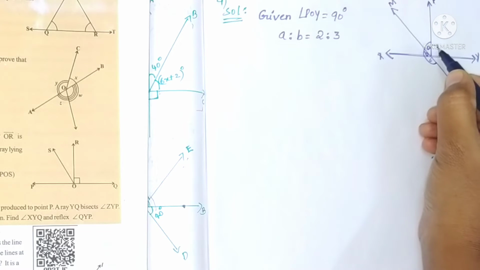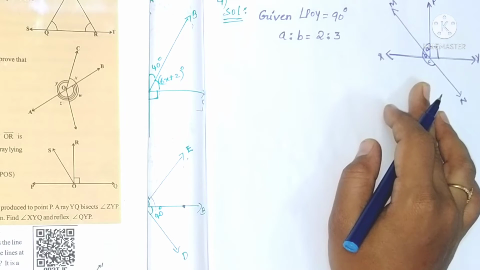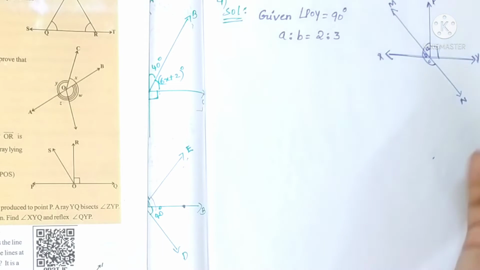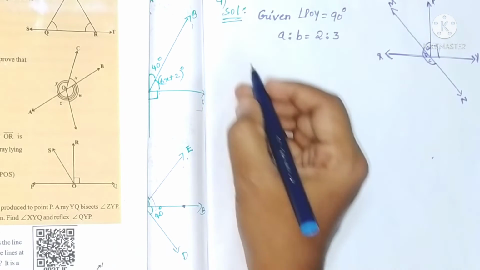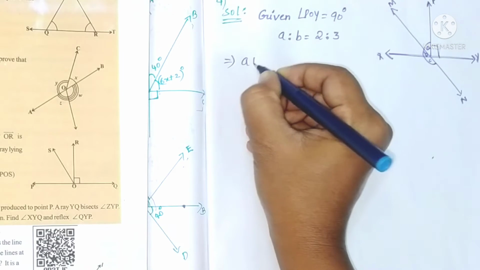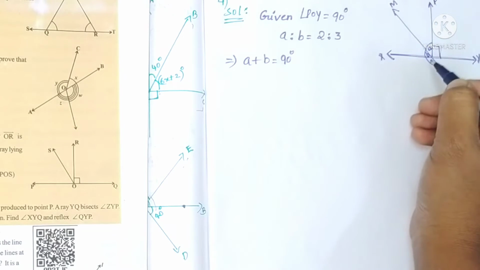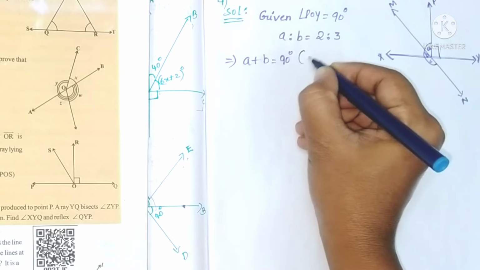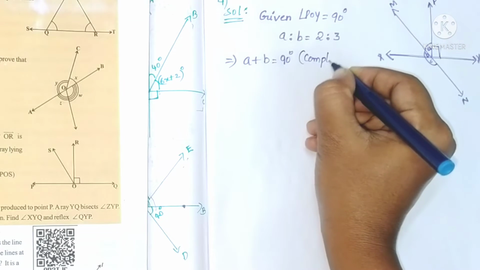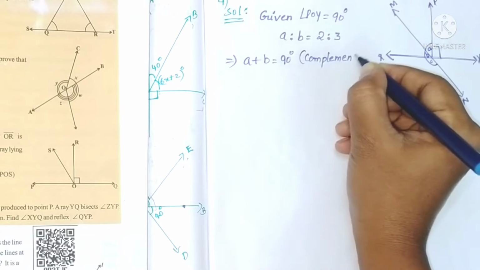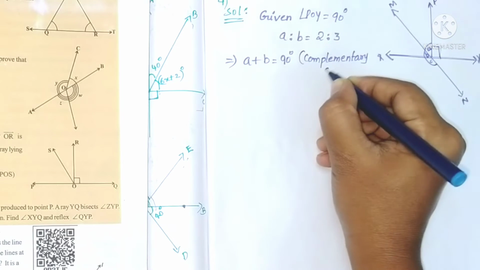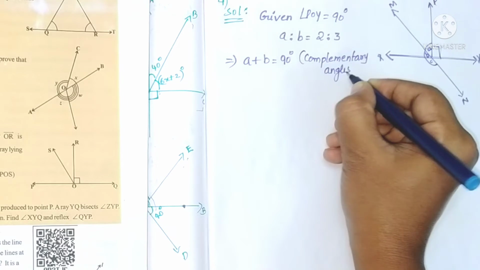See, from the figure, this is 90 and these two angles and this 90 degrees form a straight line. So A plus B is also 90 degrees, right? So I can write A plus B equals 90 degrees because the sum of the two angles is 90. We can call them complementary angles.